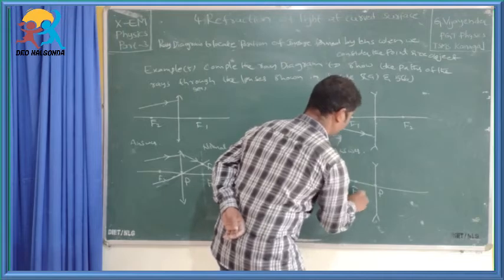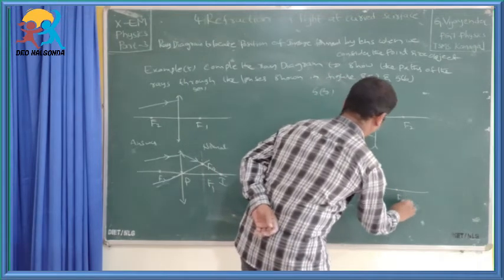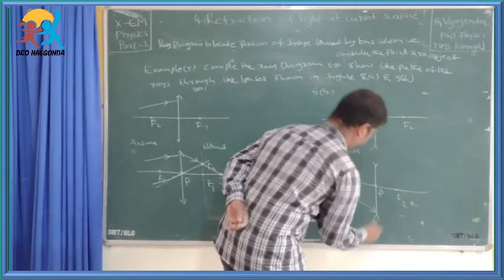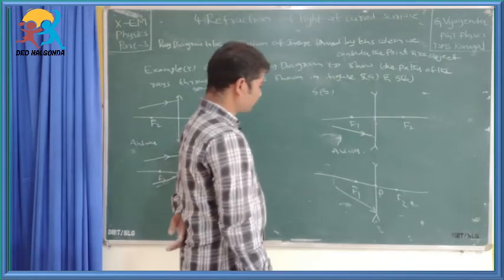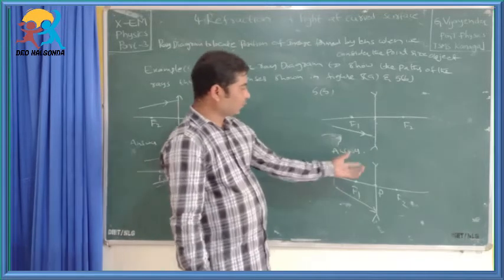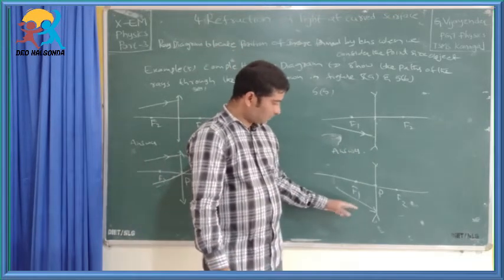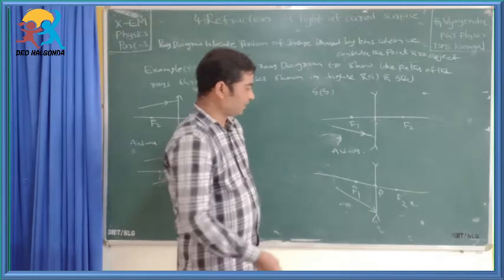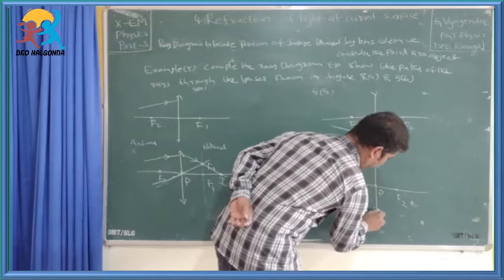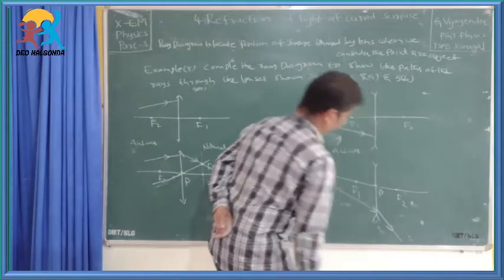We have the focus F1, F2. Here the incident ray is given. We know that on a concave lens, the refracted rays are diverging or appear to diverge. So, this is the refracted ray.